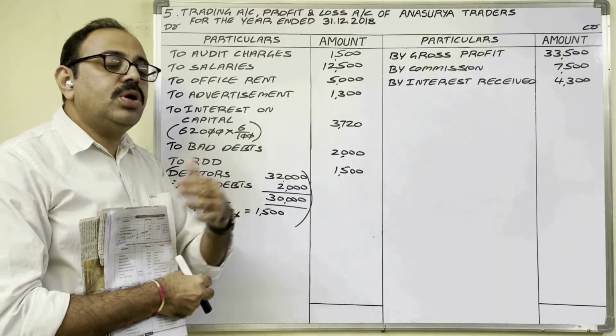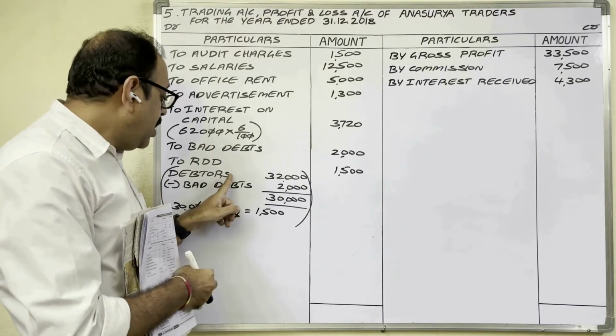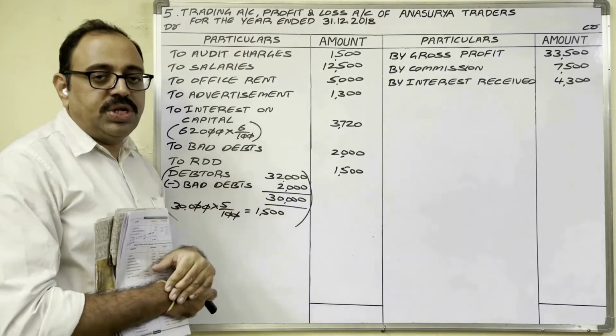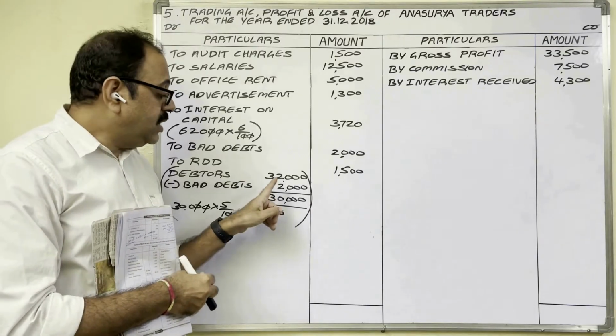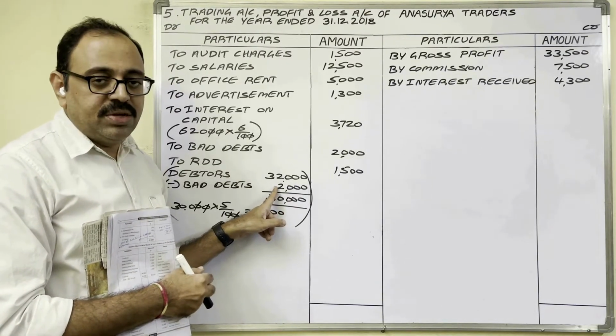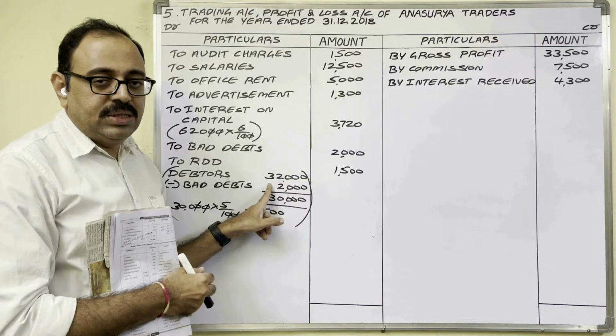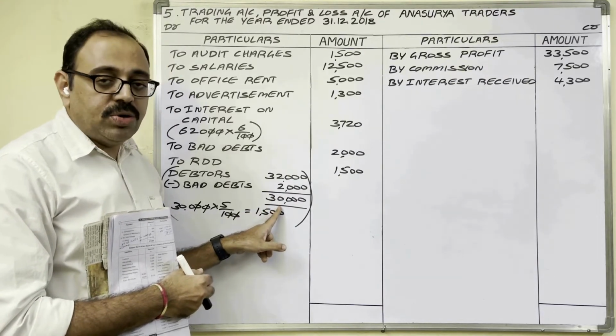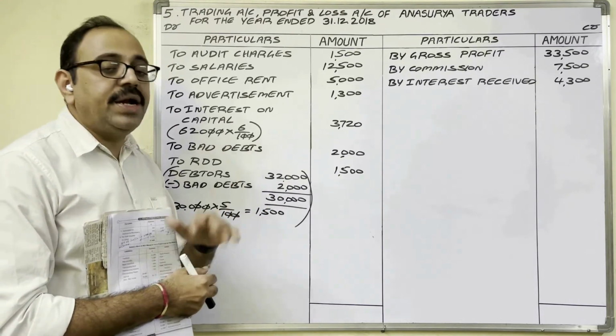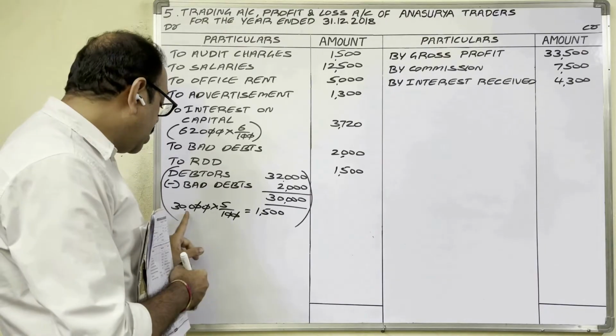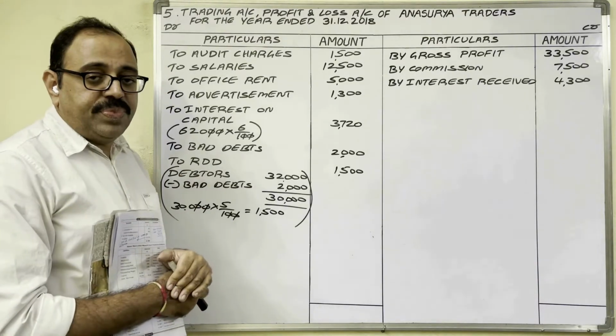So before the 2,000 bad debt, the debtor account balance is 32,000 rupees. As this amount is not yet adjusted, first we have to subtract it. Then the remaining amount is 30,000. 30,000 is the right debtor amount. On that you have to provide RDD.